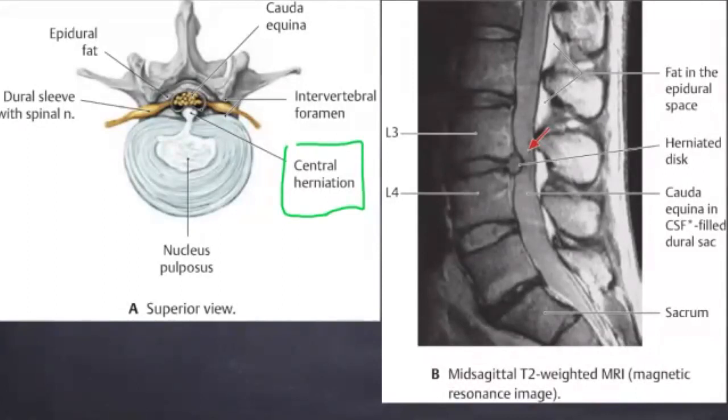The nucleus pulposus directly goes into the vertebral foramen. This is called central herniation. In the MRI, this will be like this. Herniated disc, they observe clearly.